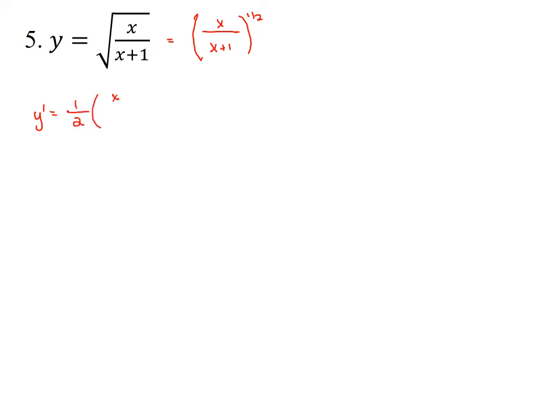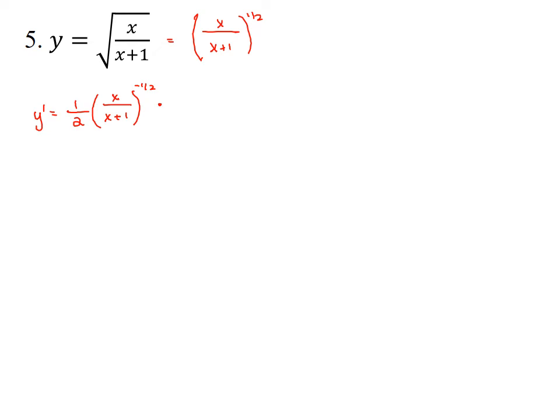Your quote-unquote g of x term is the x over x plus 1, so you don't mess with that. And then you subtract 1 from the power to get negative 1/2. Where you've got to be careful is that since this is not just an x, you now have to do the chain rule part, which means you take the derivative of the inside.